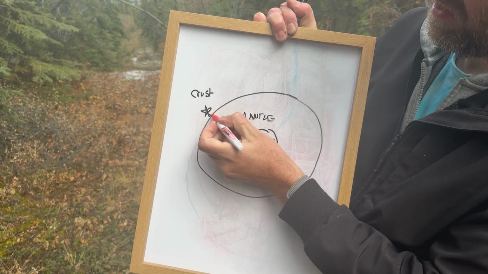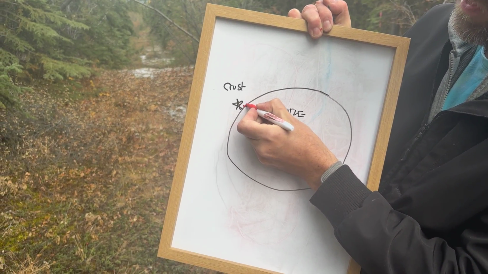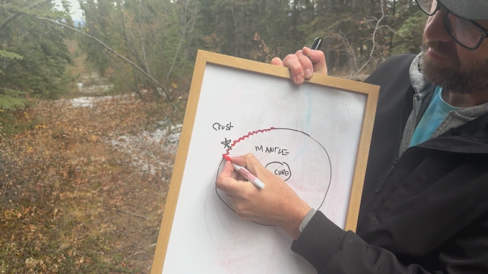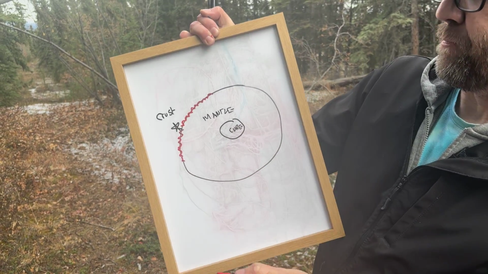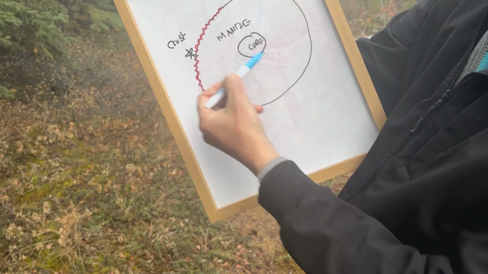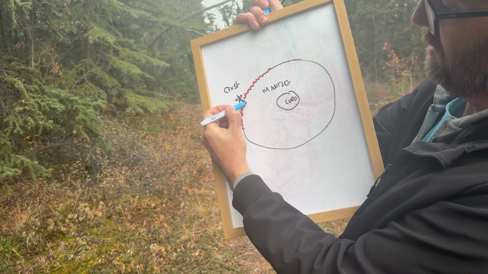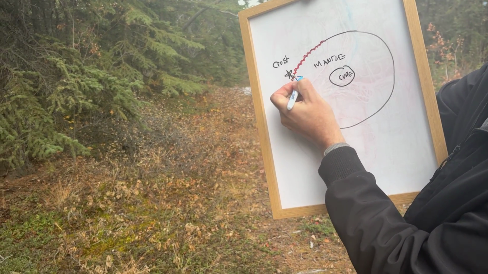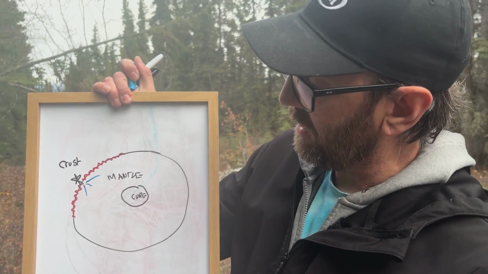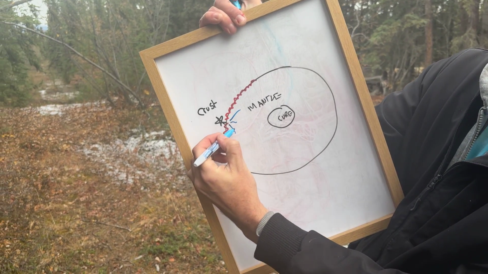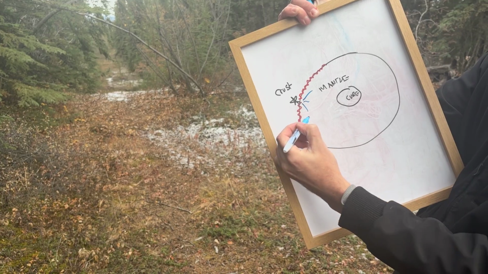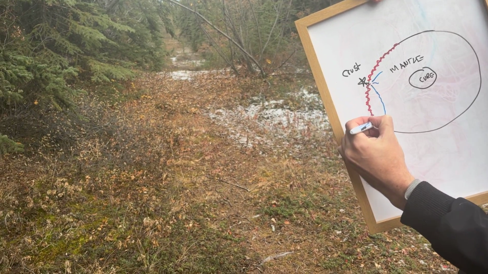When the earthquake happens and it's sending these shock waves out, they happen on the surface, but they go through the crust. So they get sent off in all directions. Now the cool thing that I kind of learned about is that they don't just go in straight lines. They actually curve.